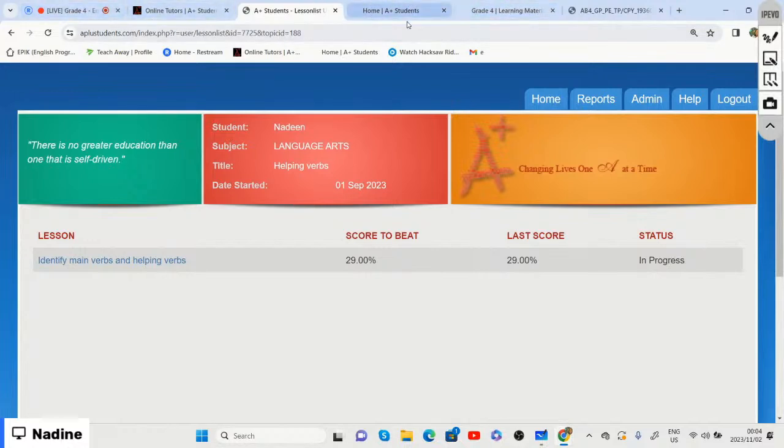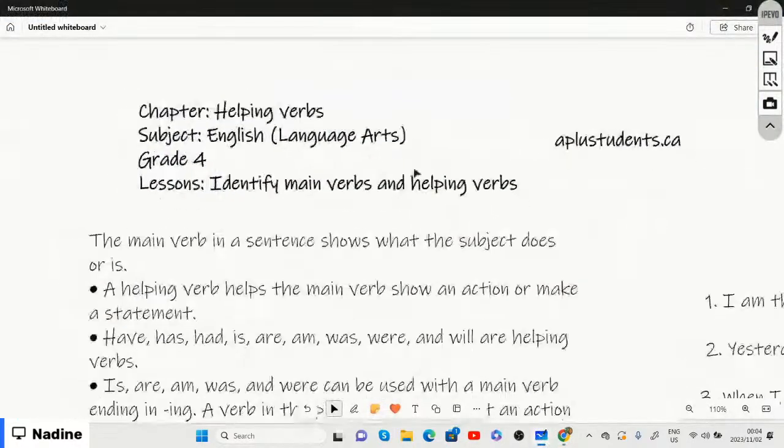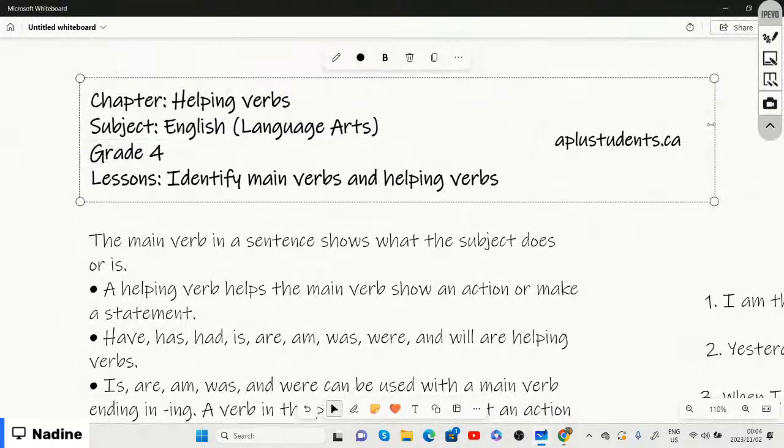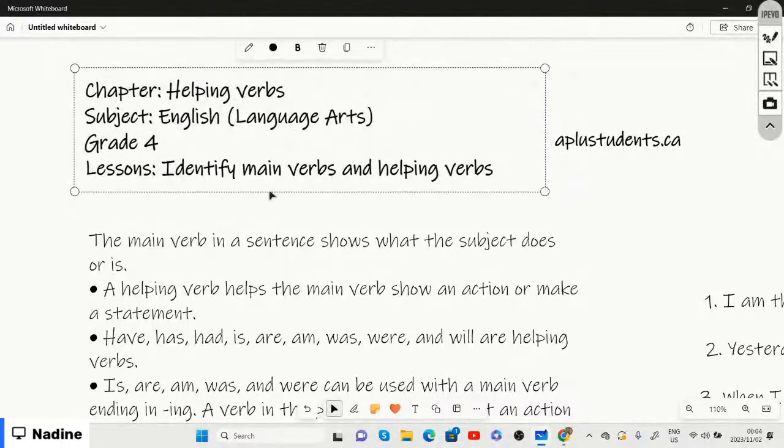So the chapter that we are focusing on today is helping verbs. Our subject is English language arts, and the grade that we are focusing on is grade 4.